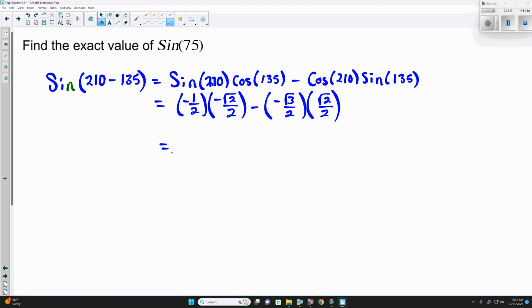Now our first one, negative 1/2 times negative square root 2 over 2 is positive square root 2 over 4. Well, the negative and the fact that we have a negative times a positive is going to become plus. And we'd get square root 6 over 4, telling us this is square root of 2 plus the square root of 6 all over 4. And that's it.